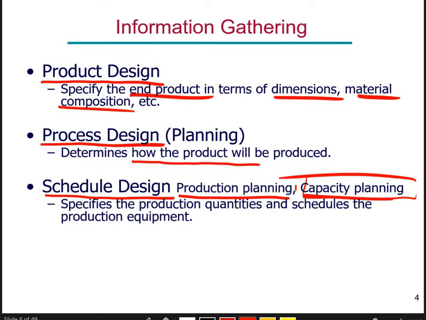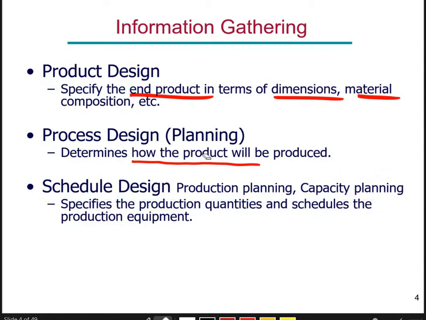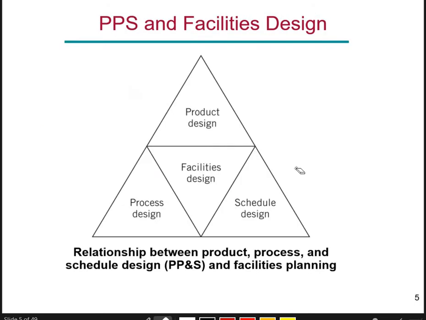And also the material handling equipment, the storage requirements. We will be getting these details from the schedule design. So the schedule design specifies the production quantities and the schedules of the production equipment, and we will be getting all this information from the schedule design.